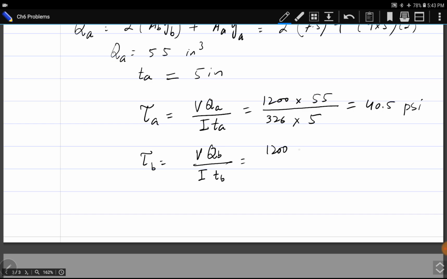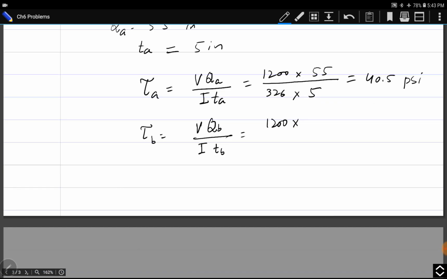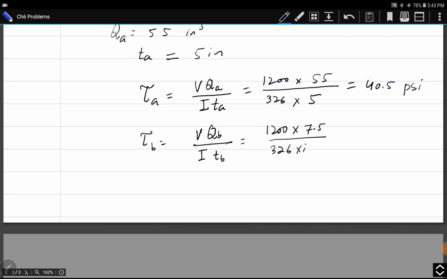V is 1200, QB was calculated as 7.5 cubic inch, I is 326, and thickness at B is 0.5 inches. So it will be 55.2 psi.